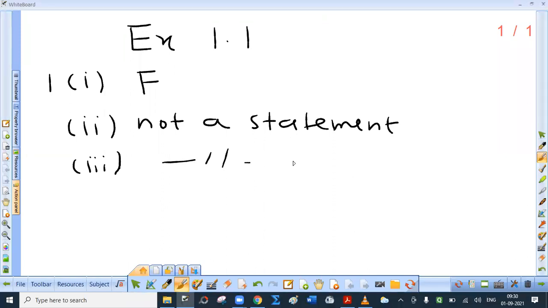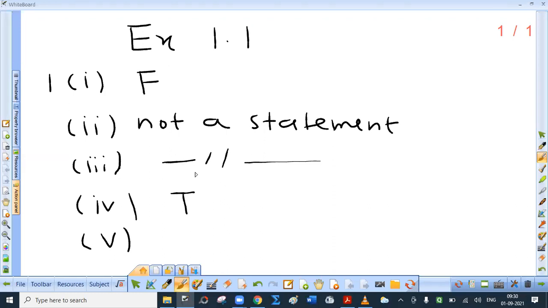So, the fourth one now. 0 is a complex number. Is it a statement? Yes, it is a statement. Its truth value is T. We'll discuss the statement that 0 is a complex number later on.